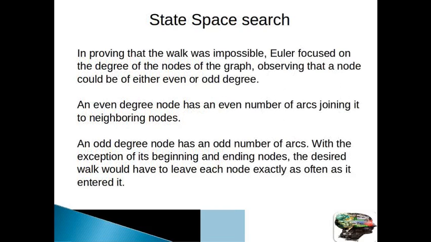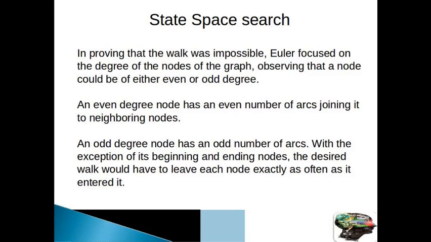In proving that the walk was impossible, Euler focused on the degree of the nodes of the graph, observing that a node could be of either even or odd degree. We saw in our diagram that all the nodes were having odd degrees.